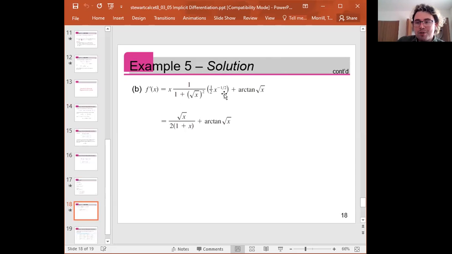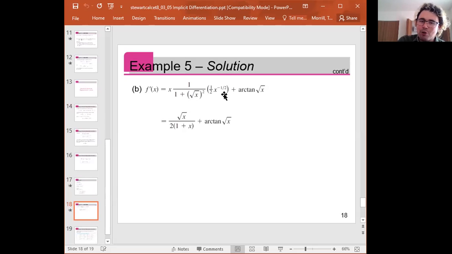What's going on there is that we're using the chain rule again, because my arctangent of the square root of x, I can think of as do the square root of x first. That's my inside function. And then whatever output I get, I'm going to do the arctangent function to that output. So arctangent is the outside function. My derivative of the arctangent function is 1 divided by 1 plus the square of the input, which here is the square root of x.